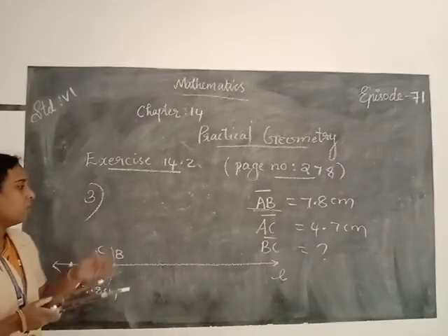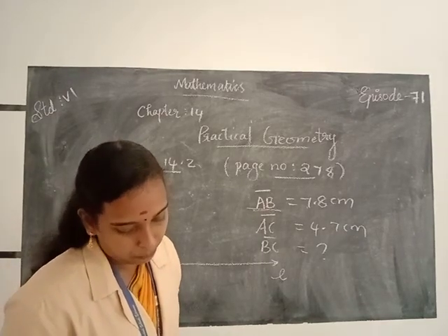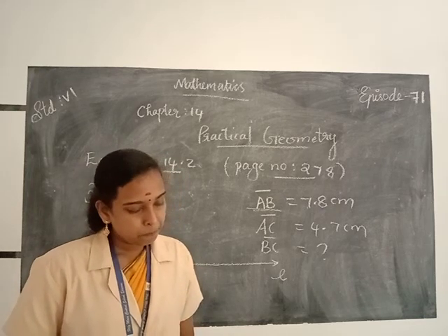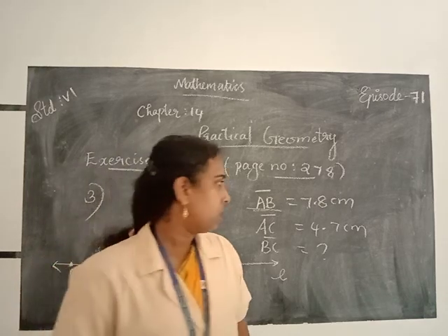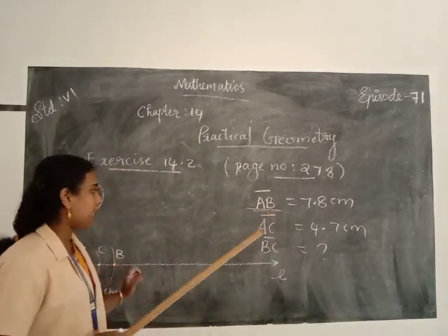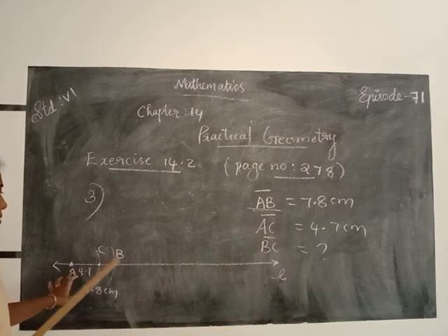And here we want to find the length of line segment BC. So to find the length of line segment BC, first you draw a line L, then mark the point A and take 7.8 cm in your compass, then swing an arc on the line that cuts the line L, then it's AB.